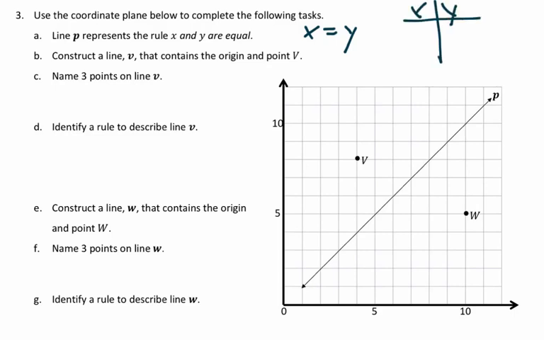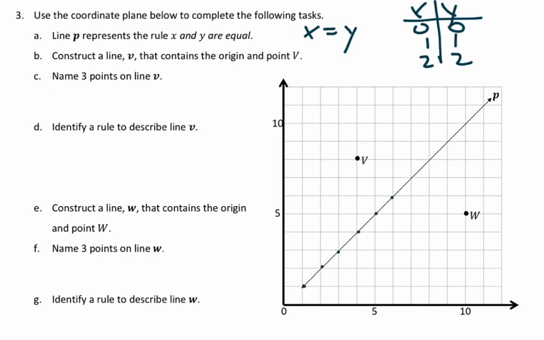X and Y. If X is 0, Y is 0. If X is 1, Y is 1. If X is 2, Y is 2. So we could plot those points, and you could see that they are all on that line right there. Okay. So line P represents the rule X and Y are equal.